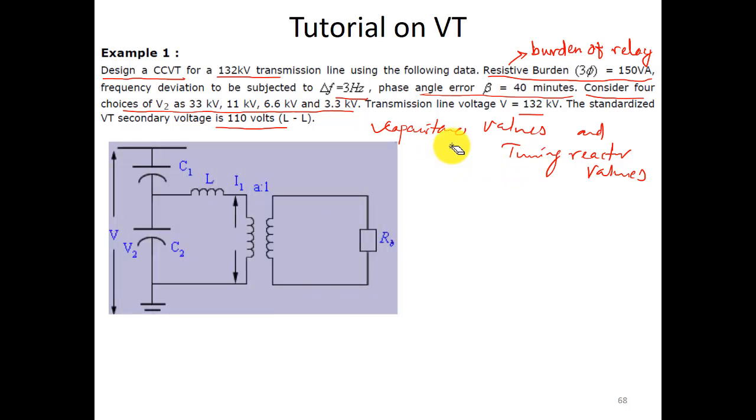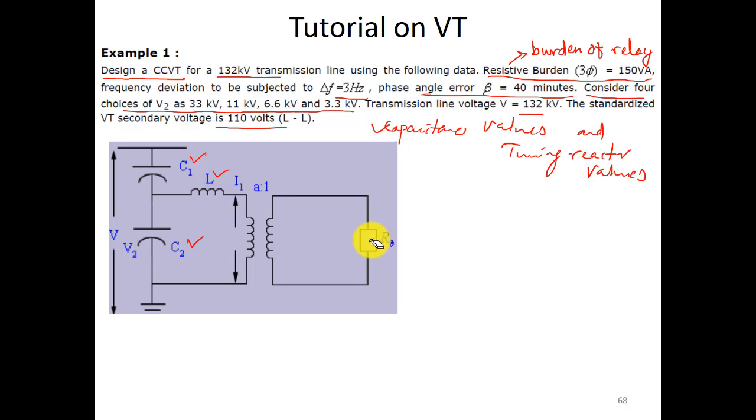So this is your CCVT, where we have used two capacitances in series as a potential divider, that is C1 and C2, and V2 is being fed to the transformer primary circuit, and L is your tuning reactor. So we need to find C1, C2 and L. This is your RB.